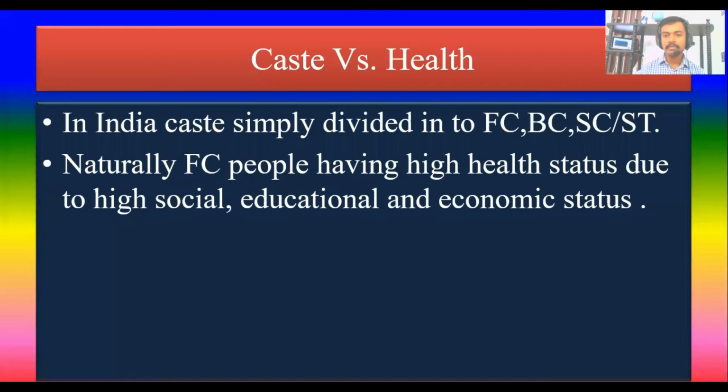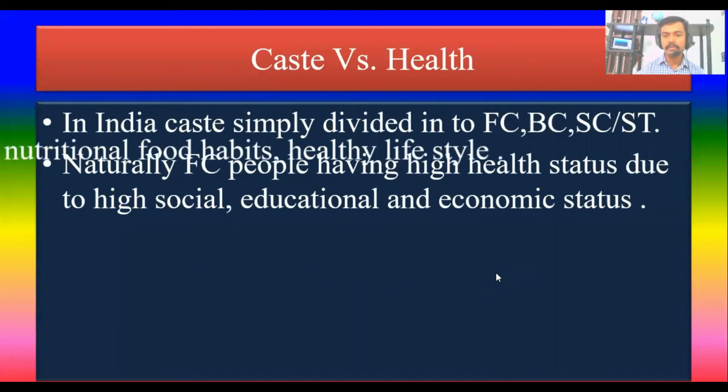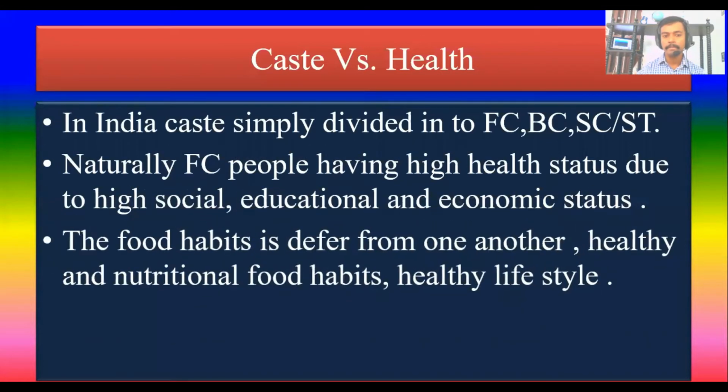The forward caste may be called the general category. Naturally, forward caste people have more health status than others due to high educational and economic status and a standard culture and lifestyle. Food habits differ from caste to caste. Healthier lifestyle.